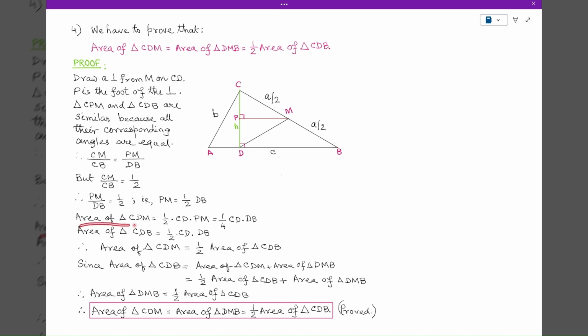So area of triangle CDM is equal to half CD multiplied by half DB, which is this area. And area of the triangle CDB, that is this area, is equal to half base into height. This is base, this is height. So it is half of CD into DB.